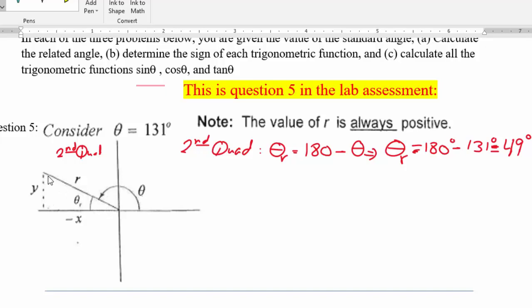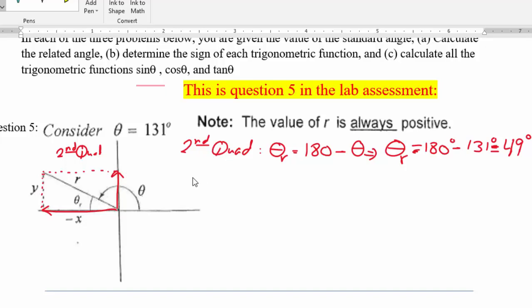Because the projection of the vector on the x-axis will be in the negative x direction. That's the projection here. If we project the vector, this will be the x component. As you see, it's in the negative x direction, while the projection of the vector in the y direction will be positive. So this is the y component here. This is the x, this is the y. So the y will be positive, the x will be negative.